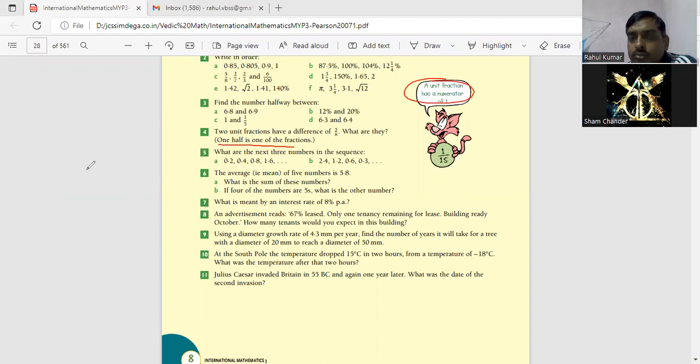Meaning 1/8 is one of the terms. Meaning we should add 1/8 and the other to get 3/8. Yes, because it says difference.